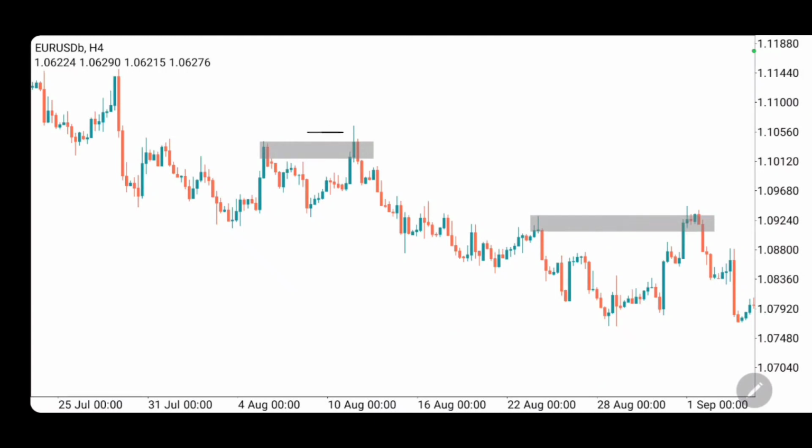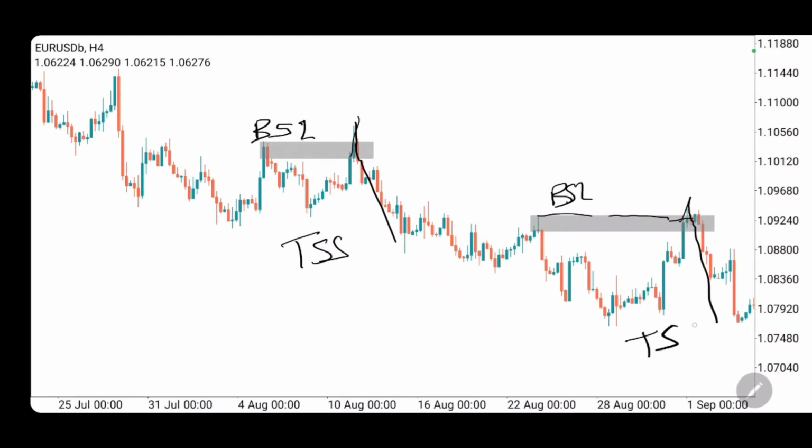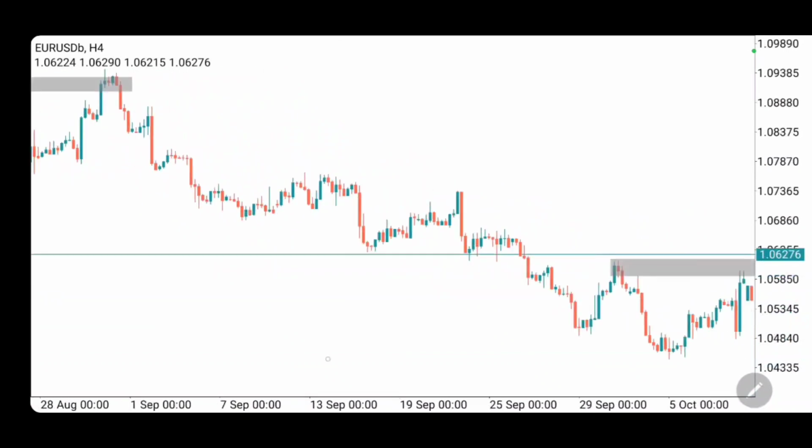Here, the market took out the buy side liquidity, and you see this candle took it out and gave us the total soup short. Here as well, the market took out the buy side liquidity and gave us the total soup short right there.